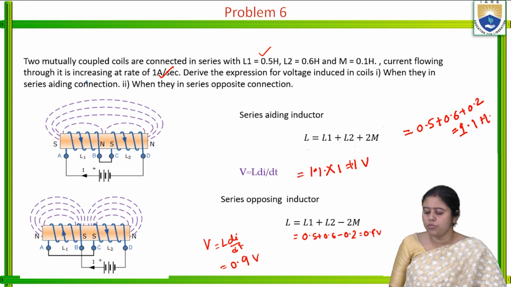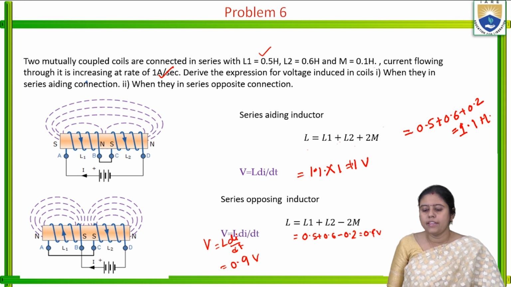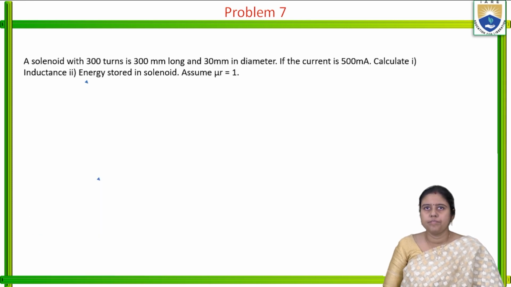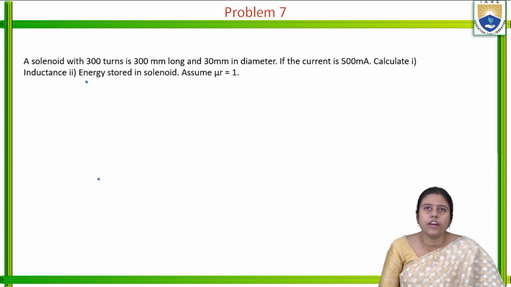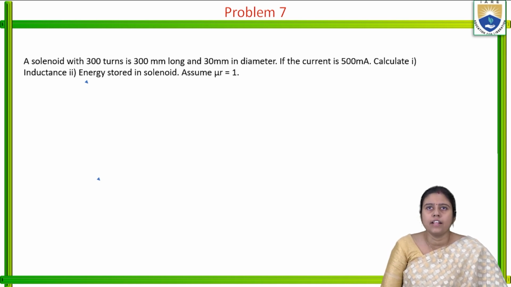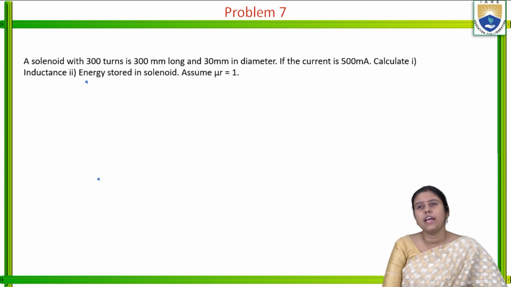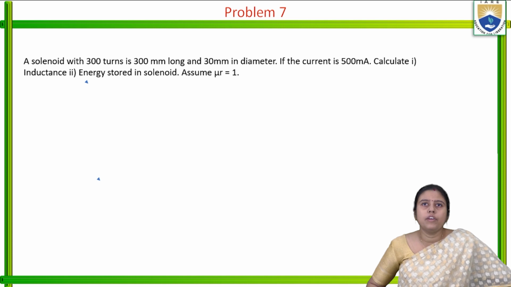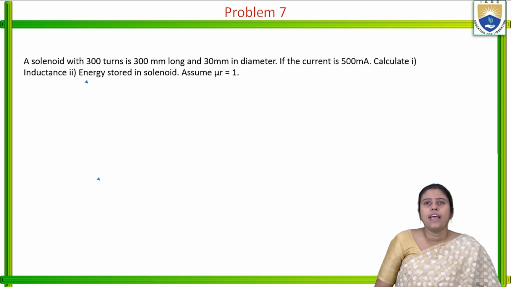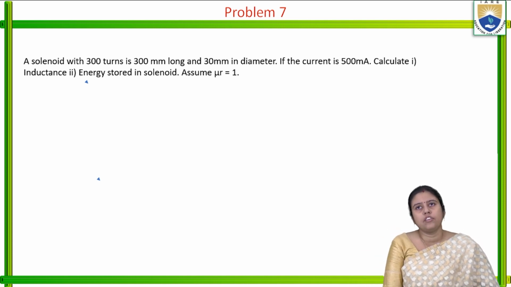Now we are moving to our next problem, and the next problem is: a solenoid with 300 turns is 300 millimeter long and 30 mm in diameter. If the current is 500 milliampere, calculate the inductance and the energy stored in the solenoid.